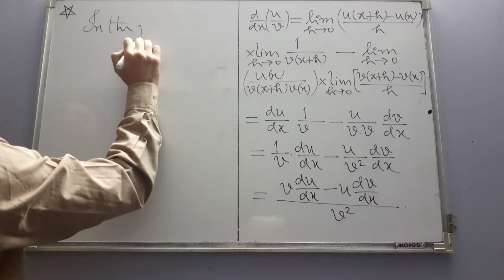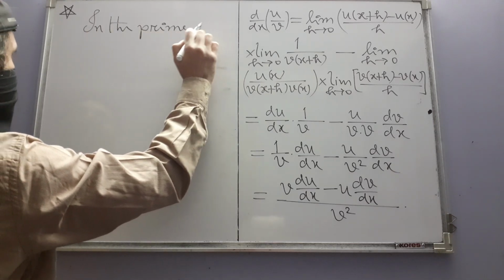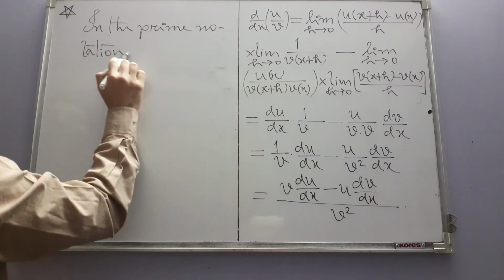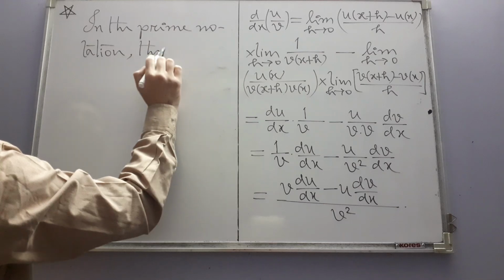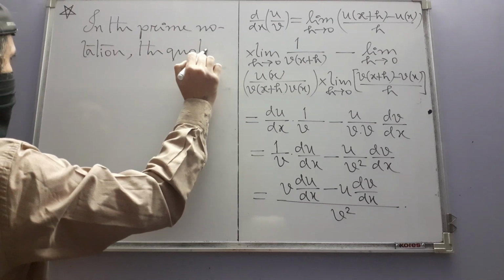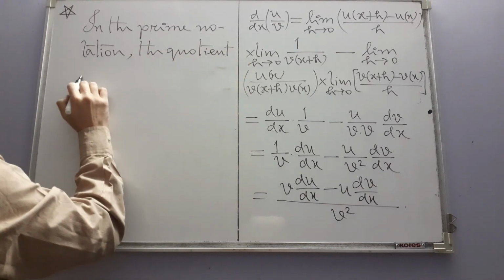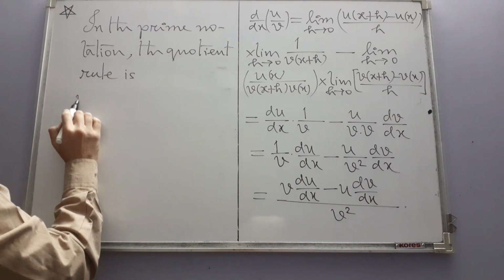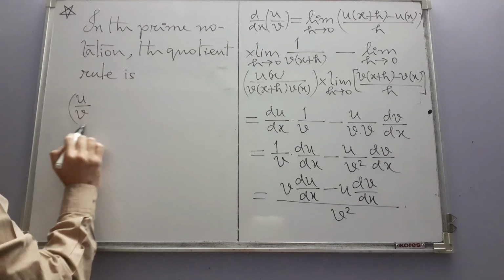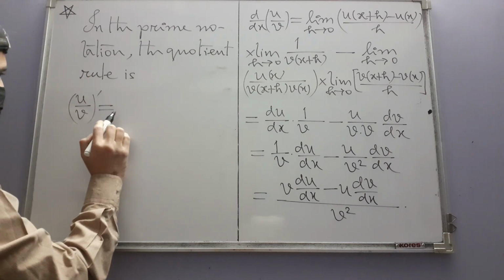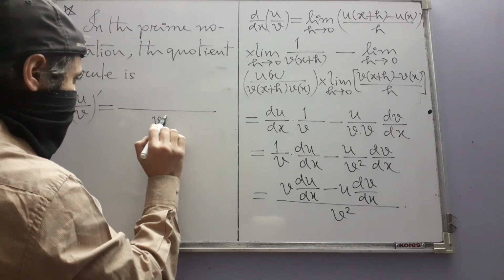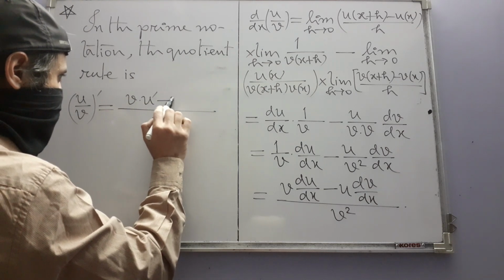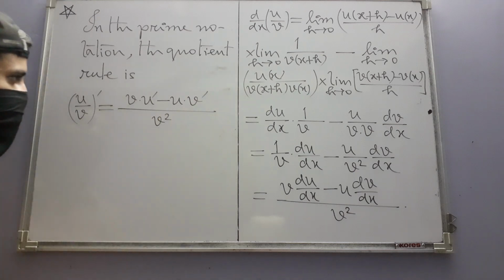In the prime notation, the quotient rule is this: v squared times v dot u prime minus u dot v prime.